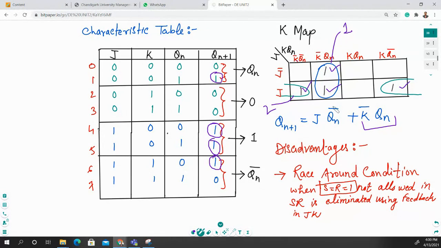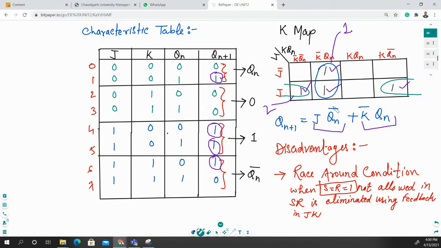This K bar is changing, so we will not consider K bar, because this K bar is changing to K, and Qn bar is not changing, and J is also not changing. So we will consider J into Qn bar, and this is the reduction of your K map.